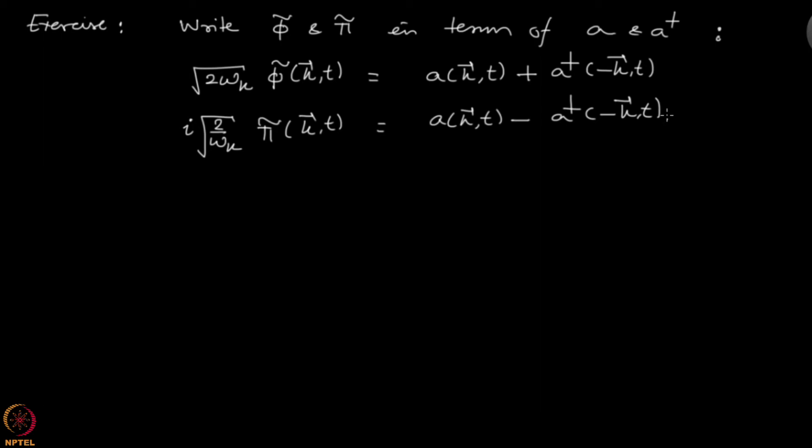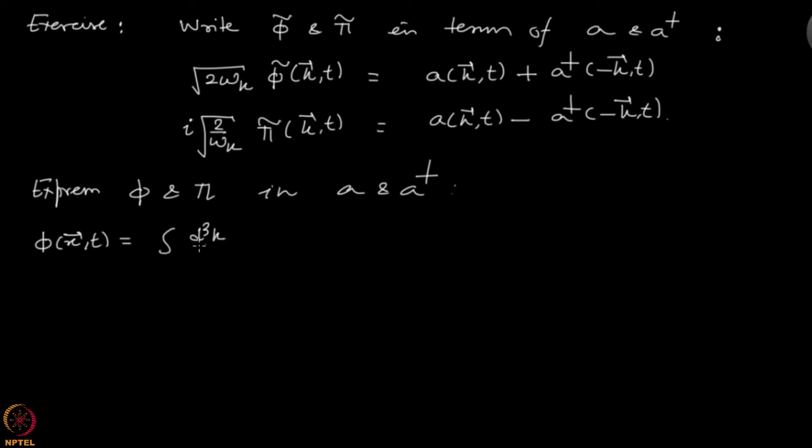Okay, that's what I want to do. So let me do that. I want to now express phi and pi in A and A daggers. So let's see. Phi of x,t will be what? You remember it's related to phi tilde via Fourier transform, and this will be the integral of e to the i k dot x and phi tilde of k,t.